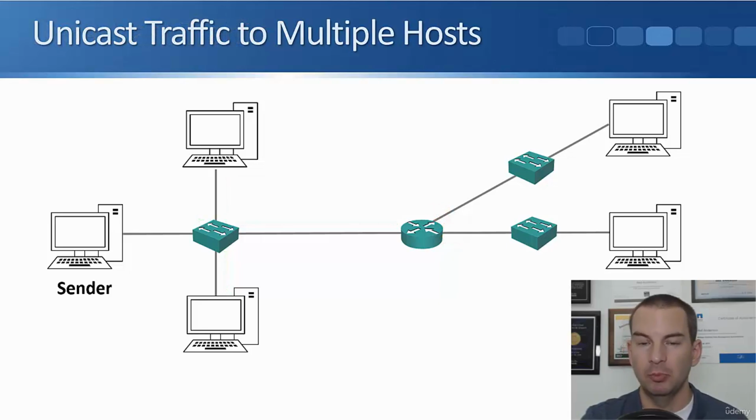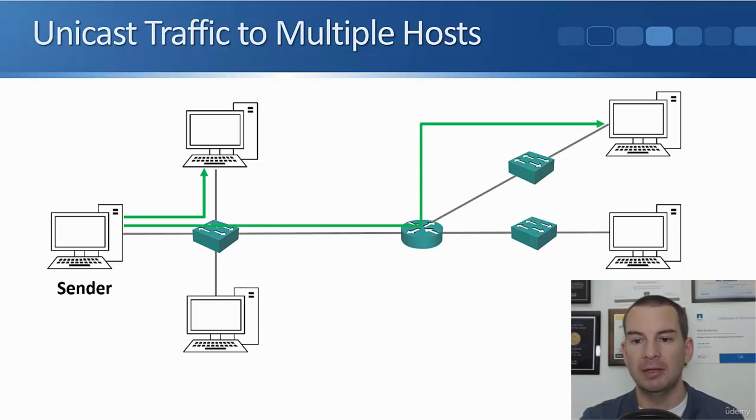The next traffic type we're going to cover is multicast, but I want to just mention how unicast traffic works to multiple hosts first, because this is going to help you understand why we have multicast traffic. So let's say the sender over on the left, it's going to stream out some video traffic, and let's say the bandwidth of the video stream is 1 megabyte. So it sends it to the PC at the top.